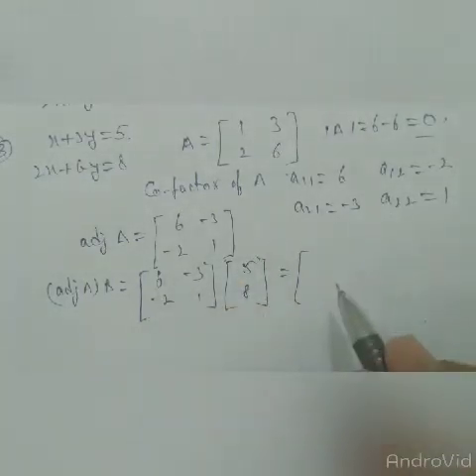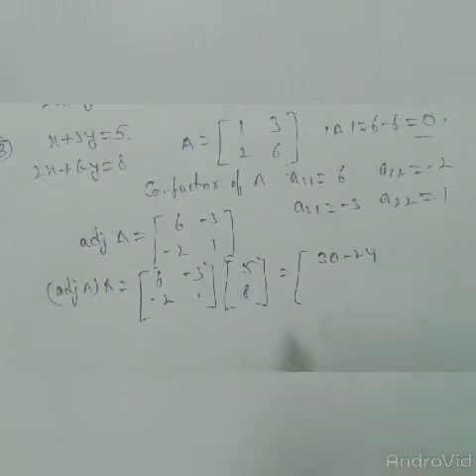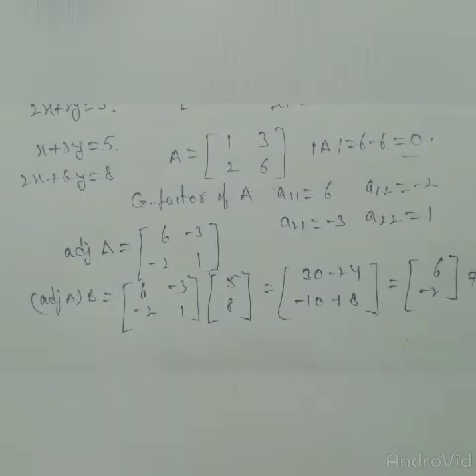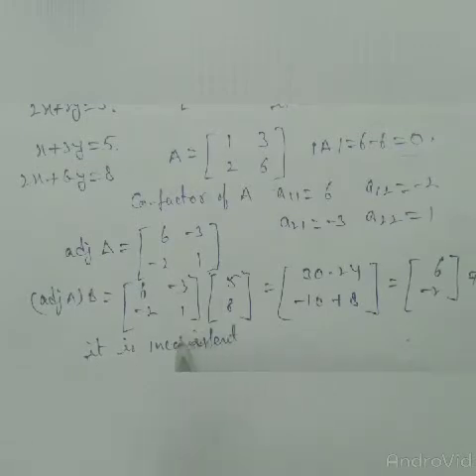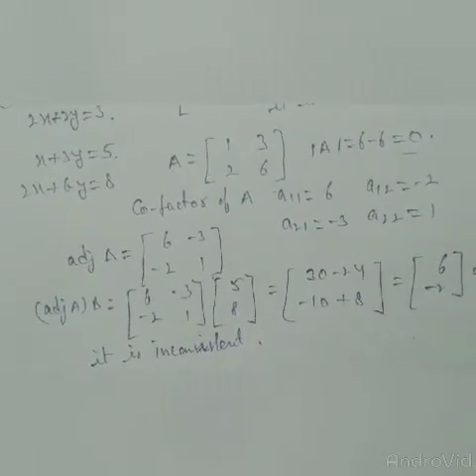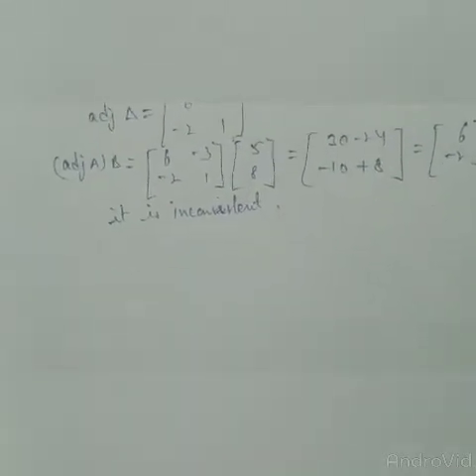Multiply: first row first column 30 minus 24, first row second column minus 10 plus 8. So this is 6, minus 2, which is non-zero. Clear? Non-zero means it has no solution, so it is inconsistent. So in this way we find up to question number 6.